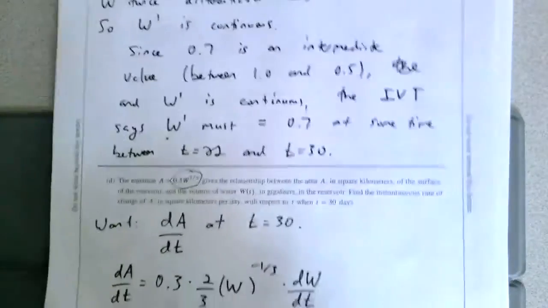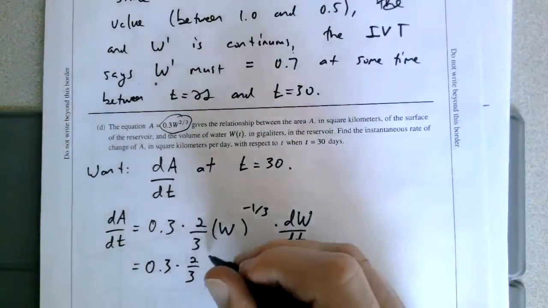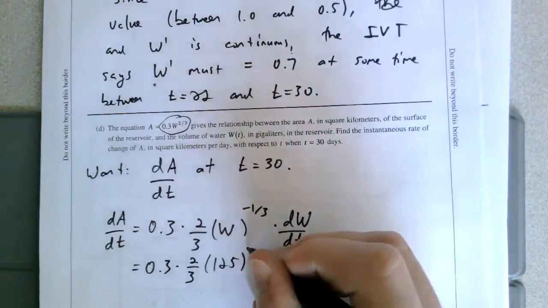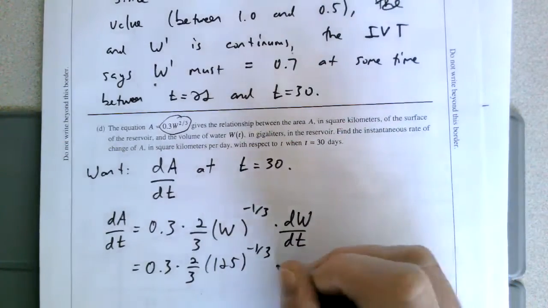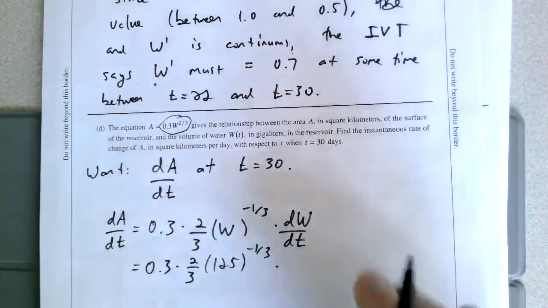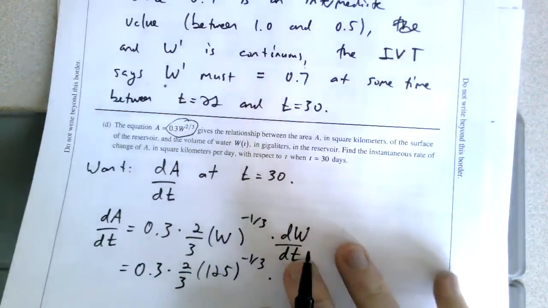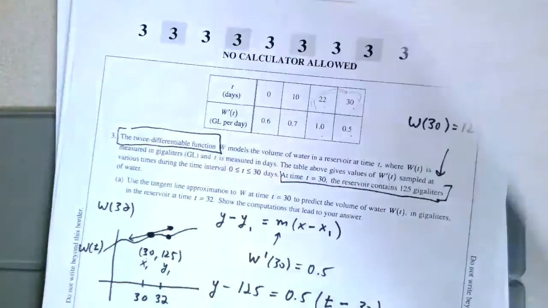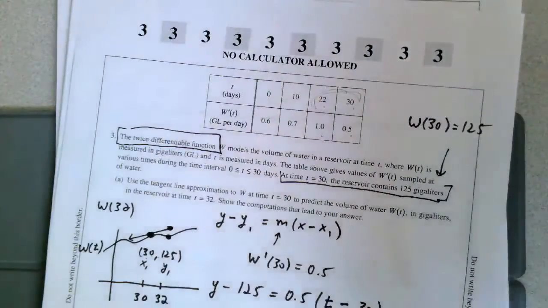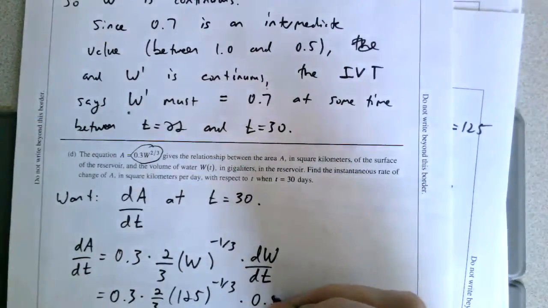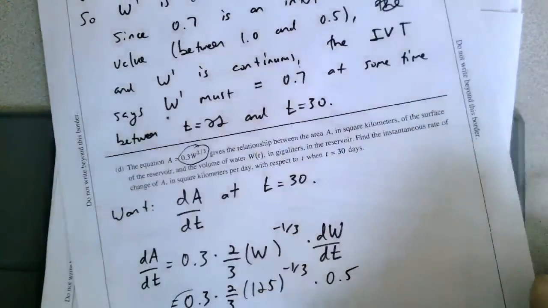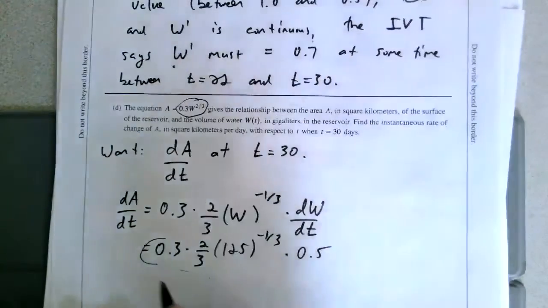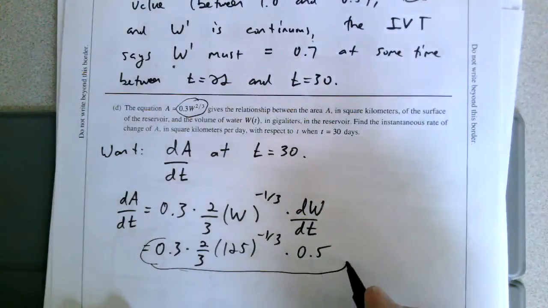So that's 125 to the -1/3 times dW/dt. Well, that's W prime at 30. And at 30, we already observed from the table, that's 0.5. So times 0.5. So that would be the answer there.